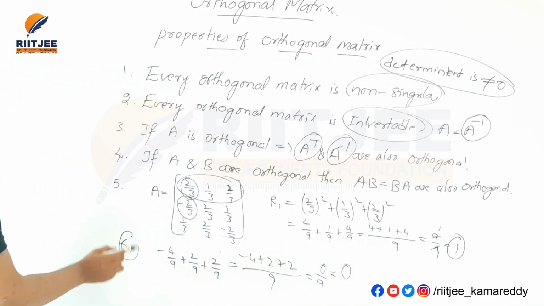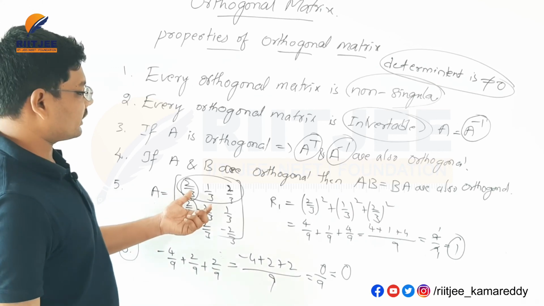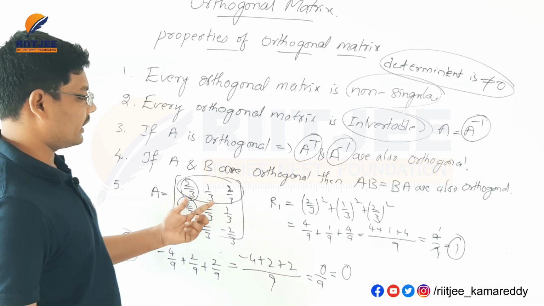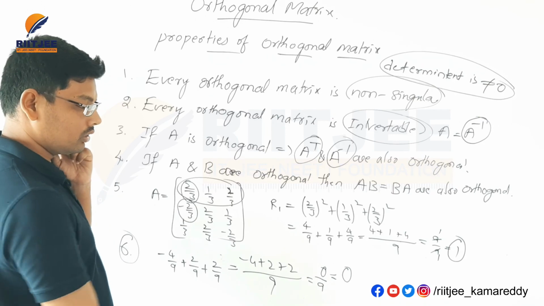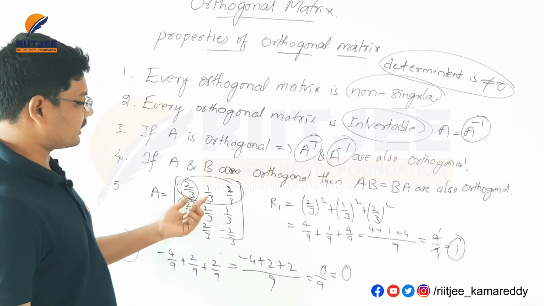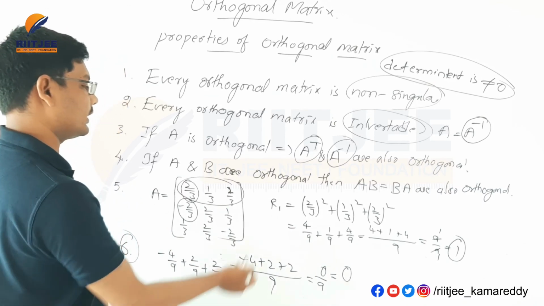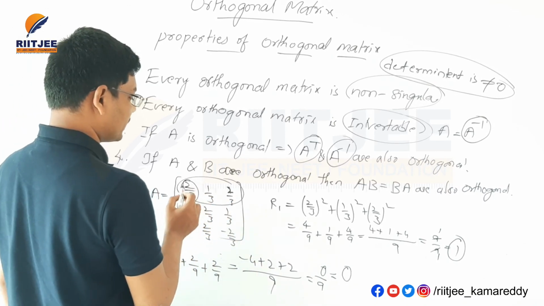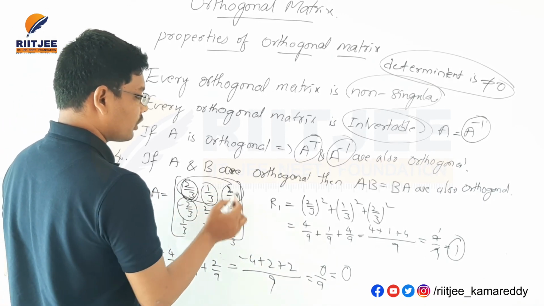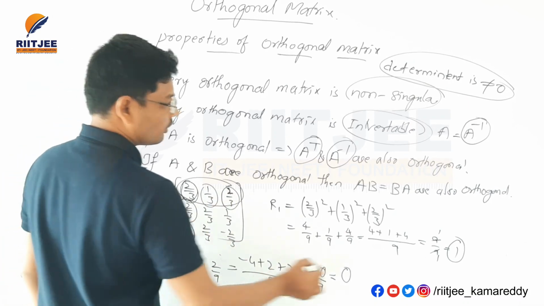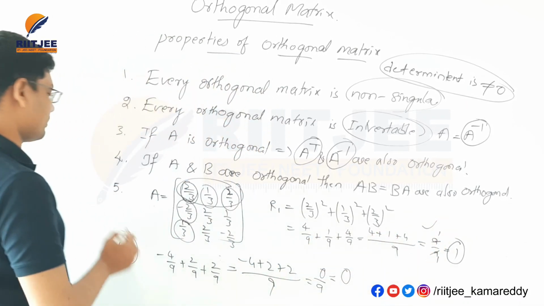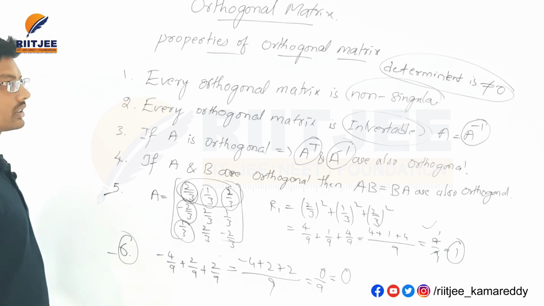This is the sixth property: the sum of products of corresponding elements of any two rows is equal to 0. The fifth property is the sum of squares of any row or column equals 1, and this is property number 6.